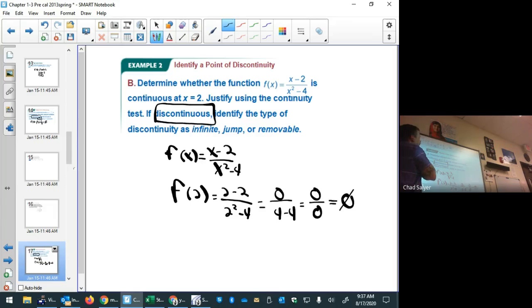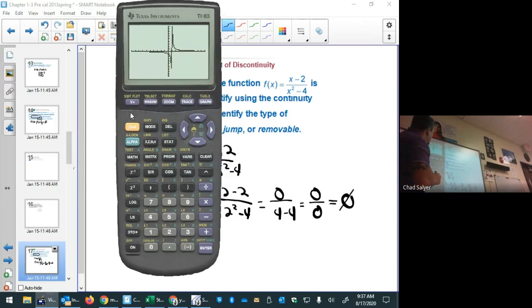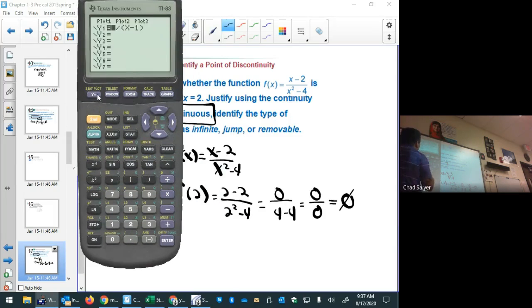And identifying the type is going to be tricky here, because if I graph it on my calculator, or even on Wolfram for that matter, it's going to look continuous, at least at that point. So let's see here. x minus 2 divided by x squared minus 4.